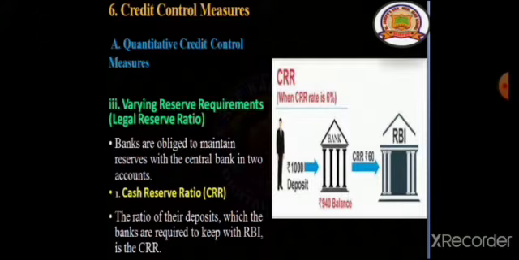Now, to control this inflation, RBI is going to vary or increase CRR. What is it going to do? It is going to fix the CRR, just imagine, at 20%. So out of 1000 rupees, 200 rupees a bank has to keep with RBI, and only 800 rupees are left with the bank.